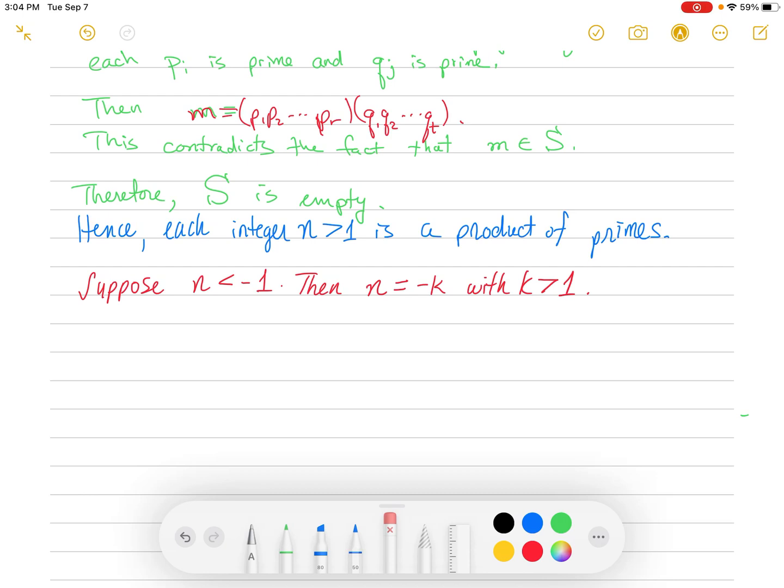Now, this k that's greater than 1, we know every integer greater than 1 is a product of primes. So by the first part that we just did, k is a product of primes.